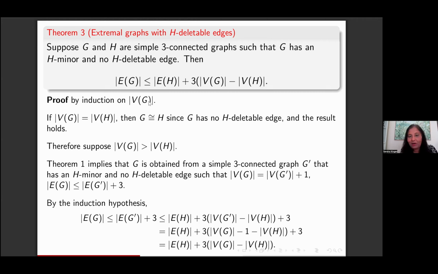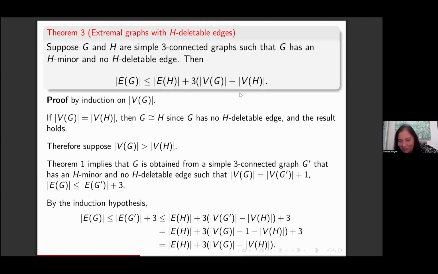So it would seem reasonable that a similar result holds for graphs with no H-deletable edge, and sure enough, the size of G is bounded by the size of H and the difference in the number of vertices between G and H.